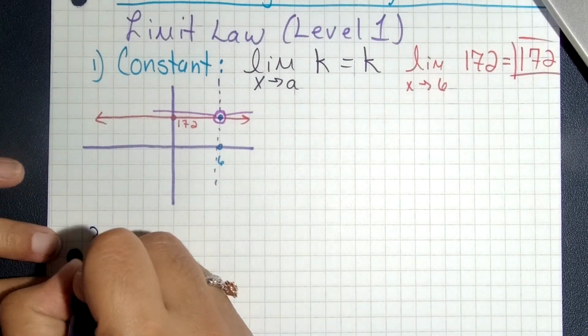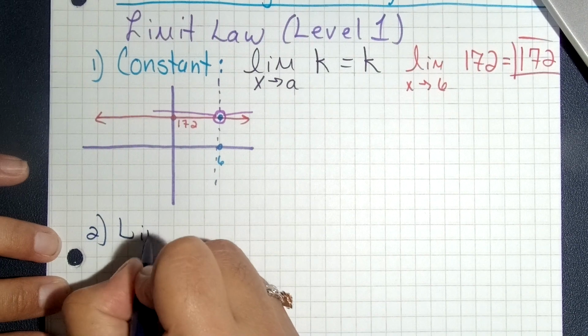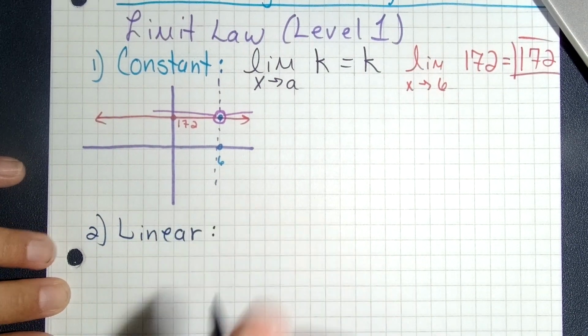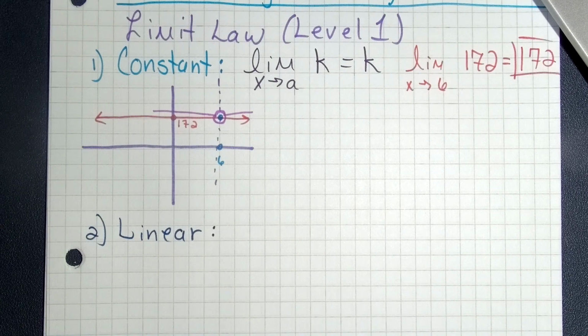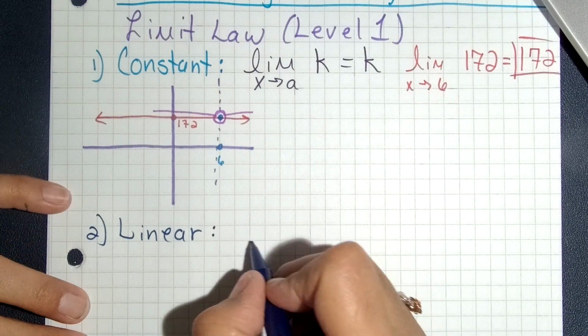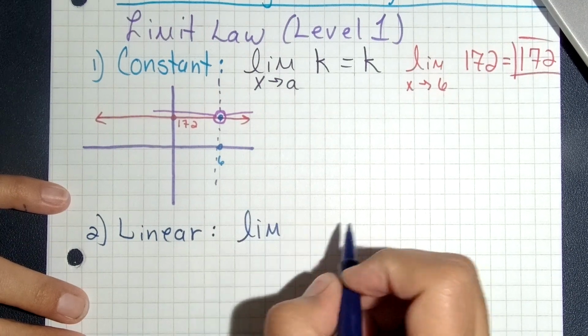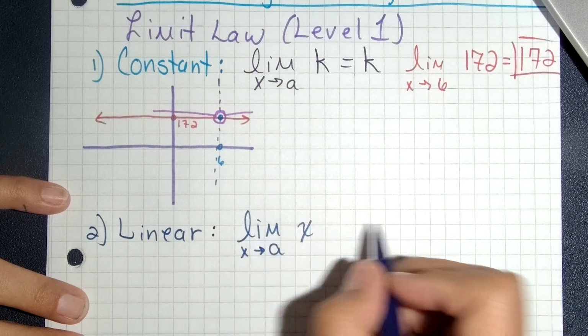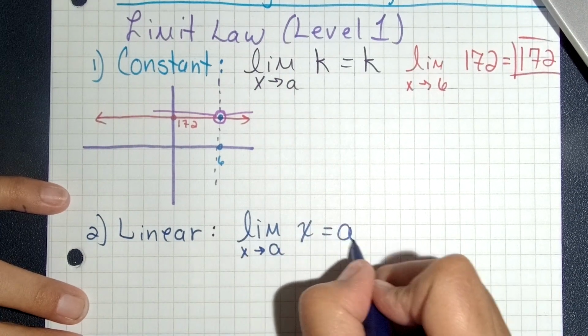The next law is the linear law. The linear law says that if we have the limit as x approaches a of x, then the limit is just a.